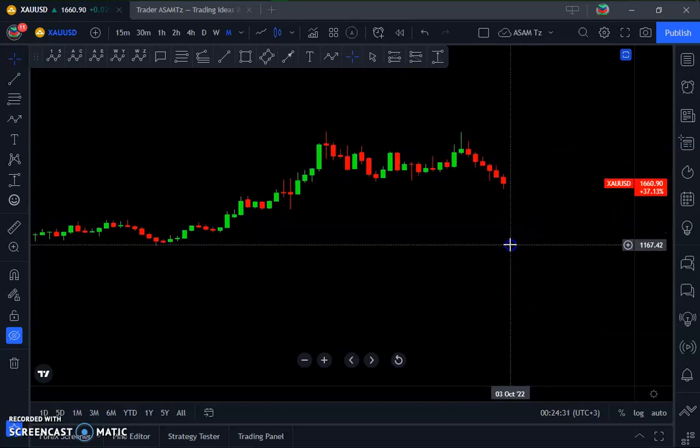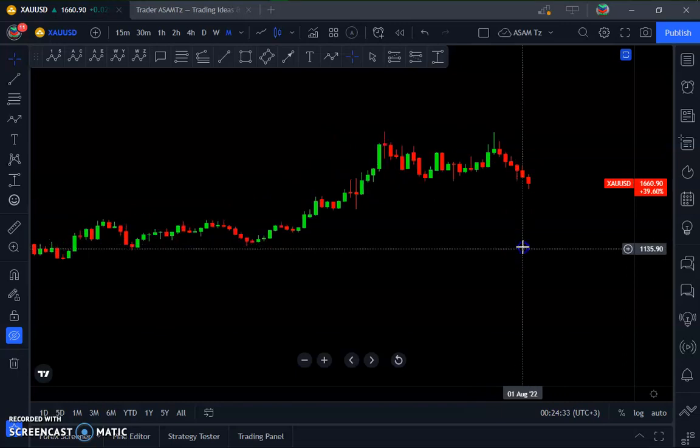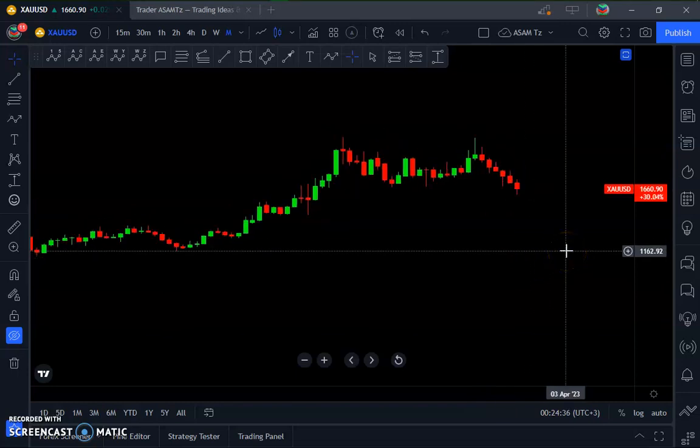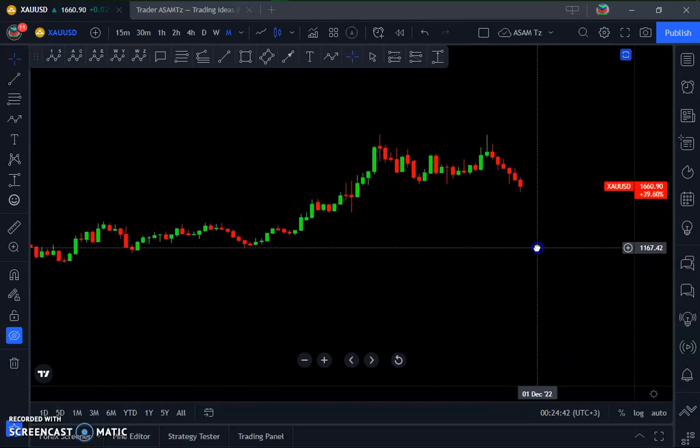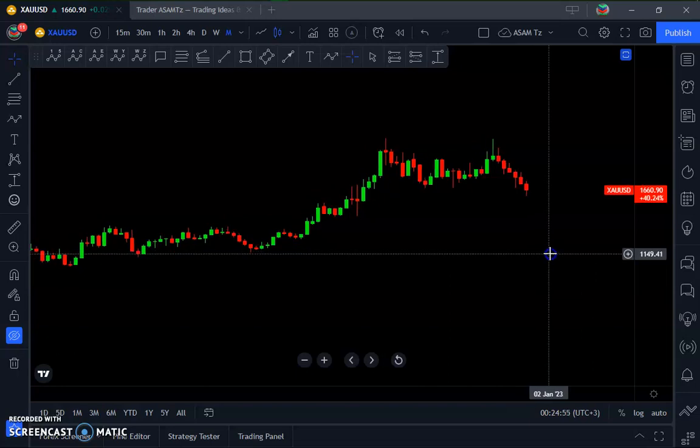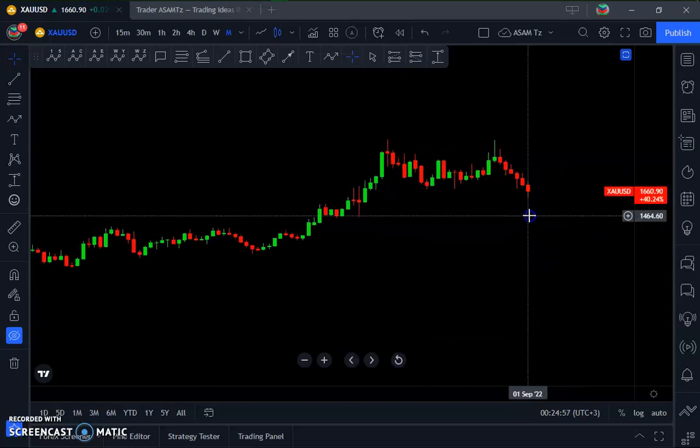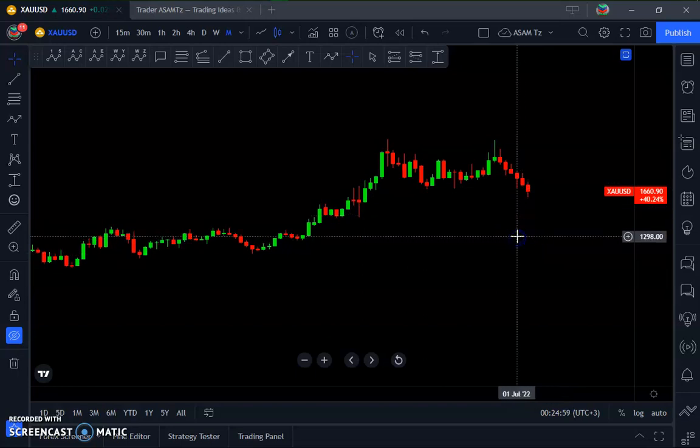What we need to understand here is that price does not show clear evidence of rejection to the upside. So let's watch the lower time frames. There is no sign of reversal, and that's very significant.